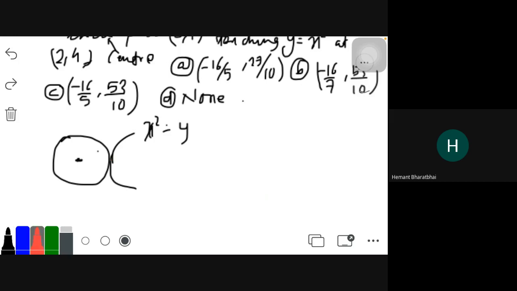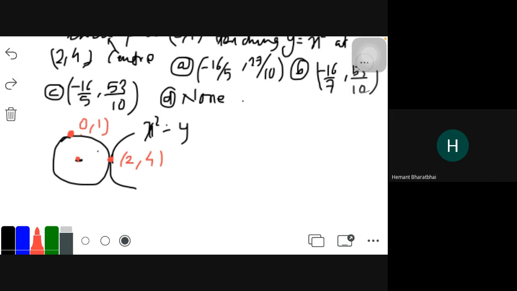This circle is touching this curve at the point, as given in the question, 2, 4. And at the same time, this circle is also passing through another point as per the question, which is given as 0, 1. I need to find out the center.